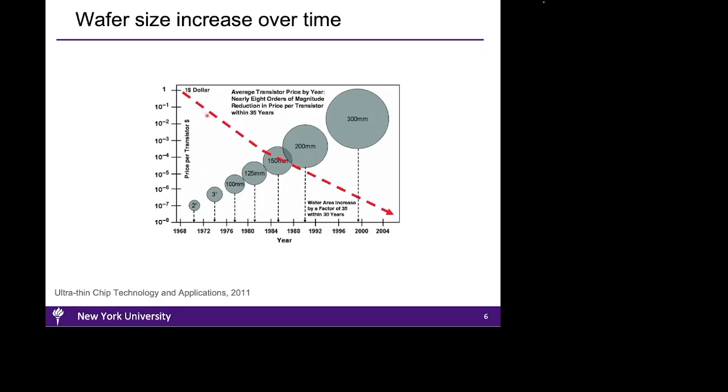The red curve in this plot shows the cost of individual transistors, where the cost of a transistor has decreased from nearly $1 per transistor to a very small fraction of a dollar. This is an incredible achievement, illustrating the positive impact of microfabrication on driving the economics of manufacturing.